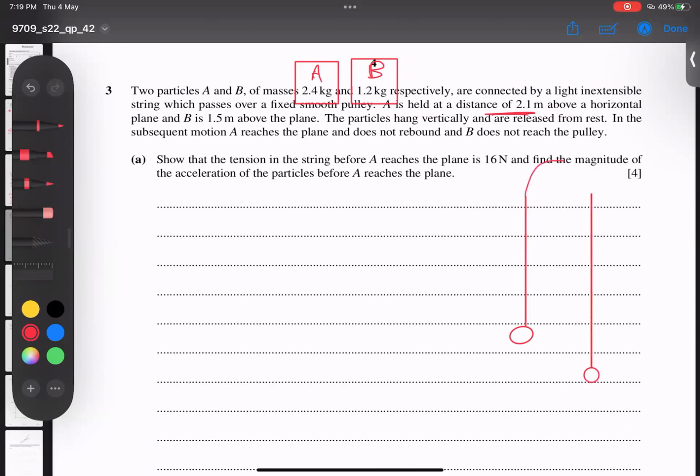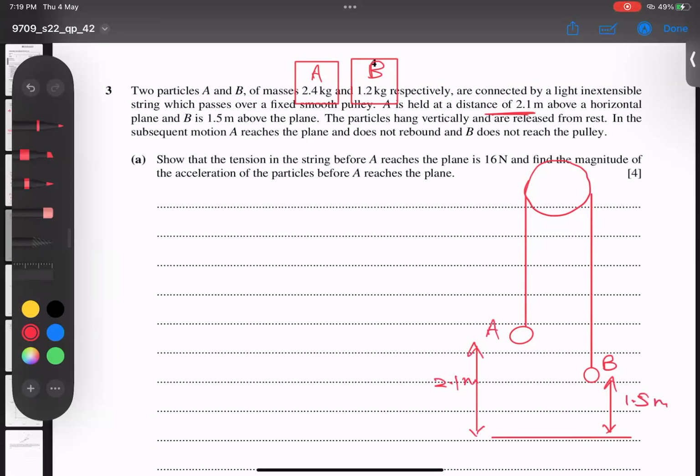This is a pulley, and I think it is very clear. The height of the particles from the ground is given. This is particle B, this is particle A. Particle A is 2.1 meters high, and particle B is 1.5 meters.